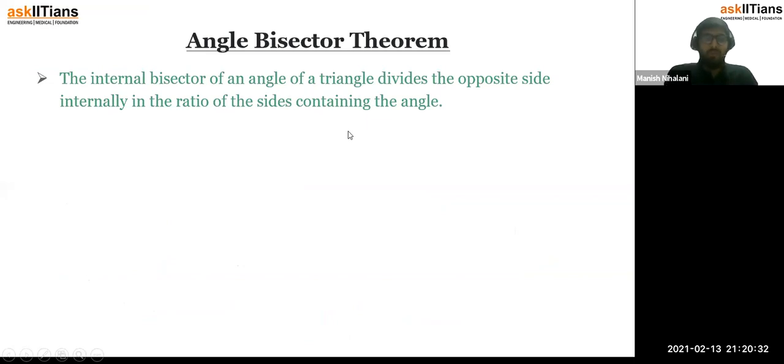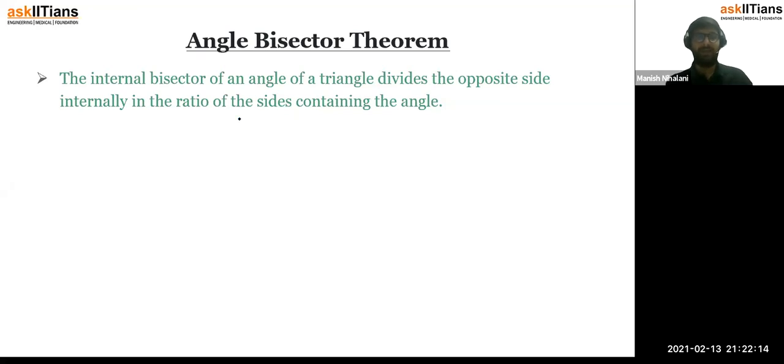Now comes the very important theorem, and that is the angle bisector theorem. What is the angle bisector theorem is what we need to understand now. Let's quickly see what the statement says. The internal bisector of an angle of a triangle.